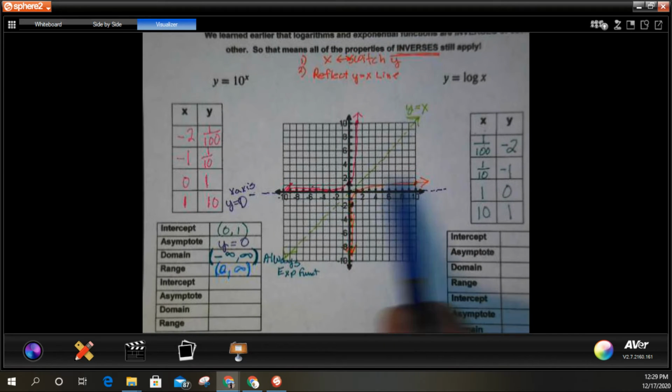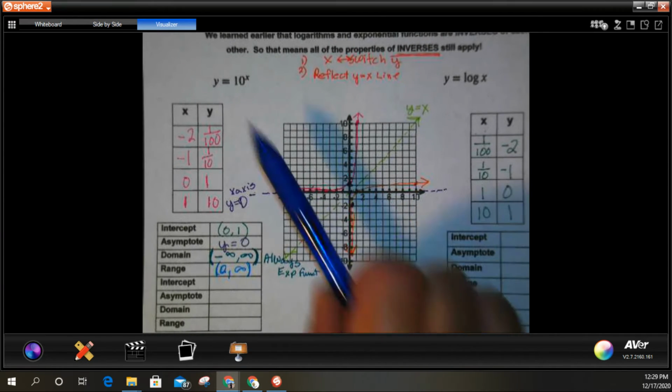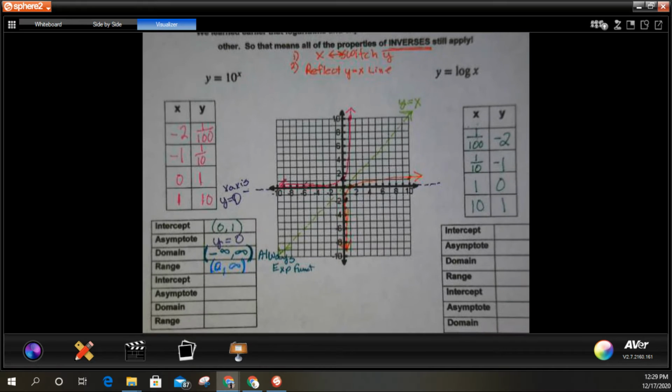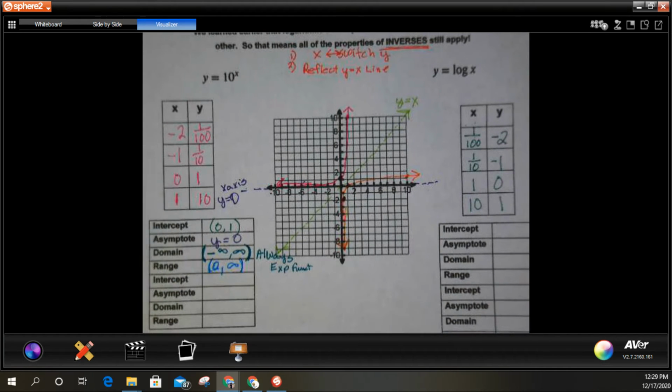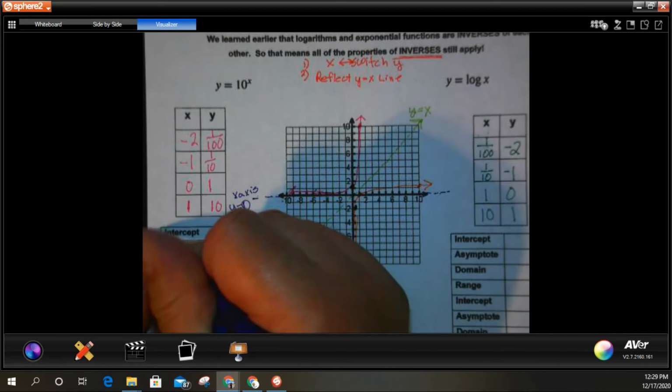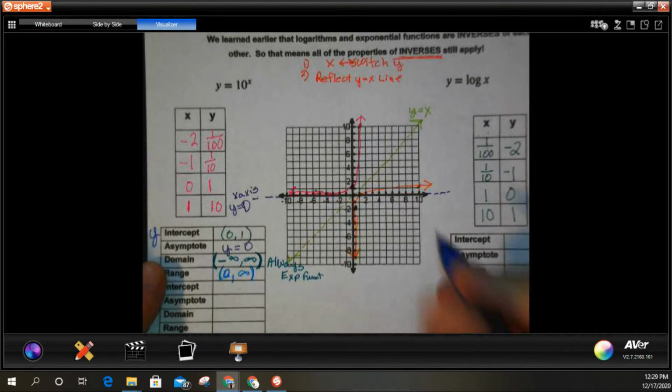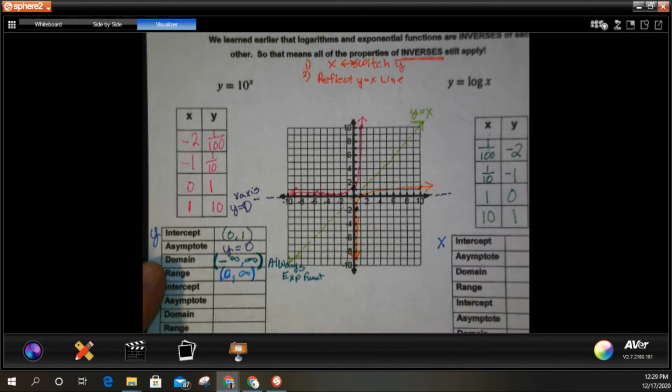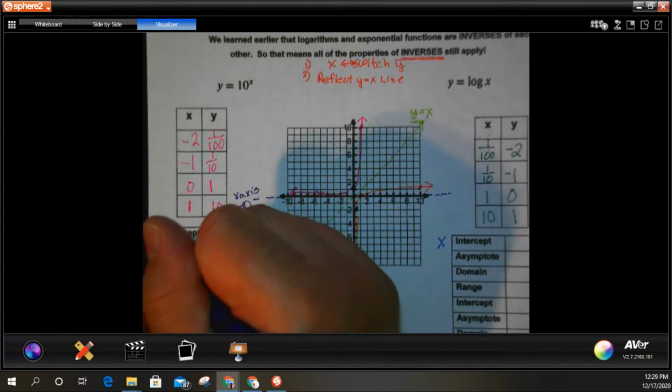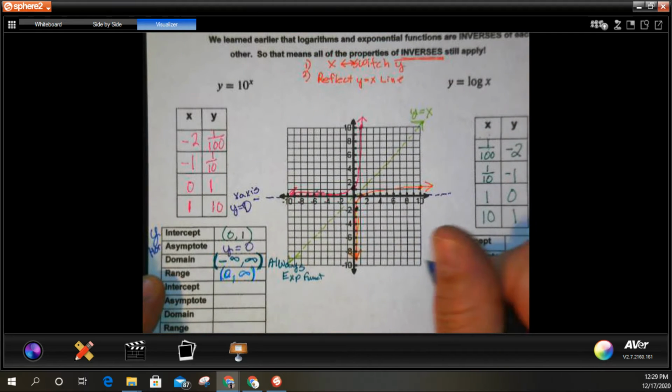That's the inverse of this exponential function. So let's review the properties of inverse here. Instead of a y-intercept, I now have an x-intercept. Instead of a horizontal asymptote, I now have a vertical asymptote.